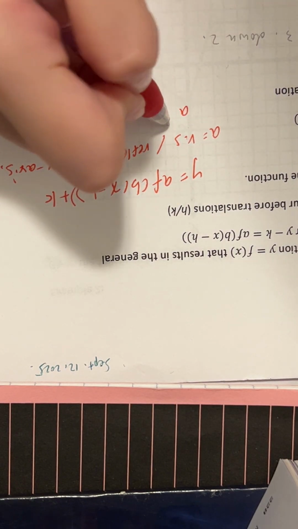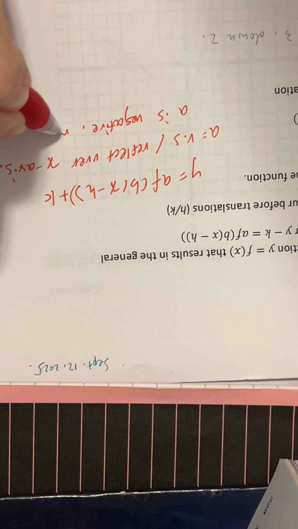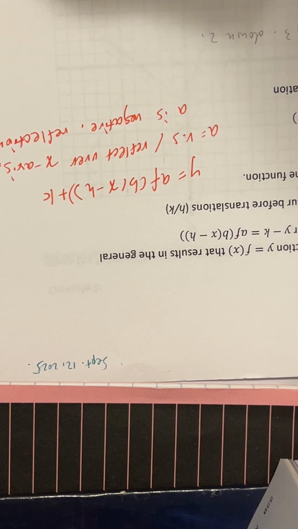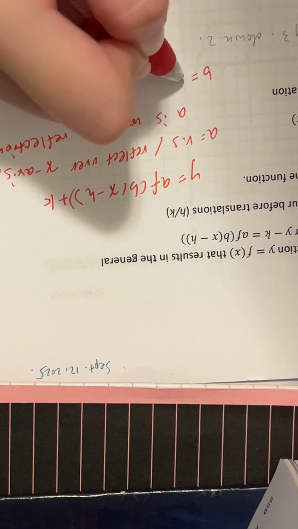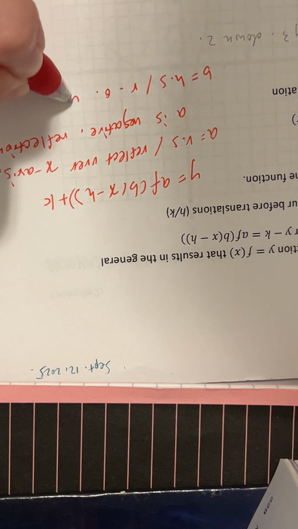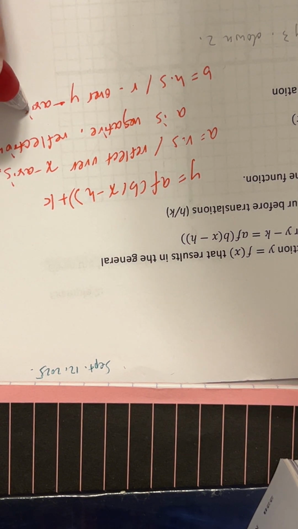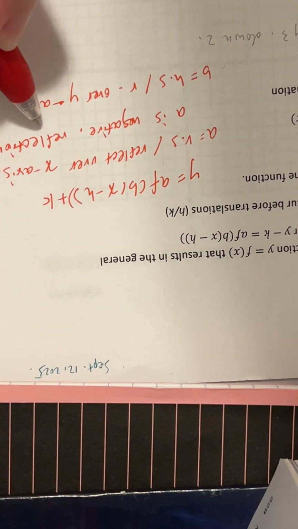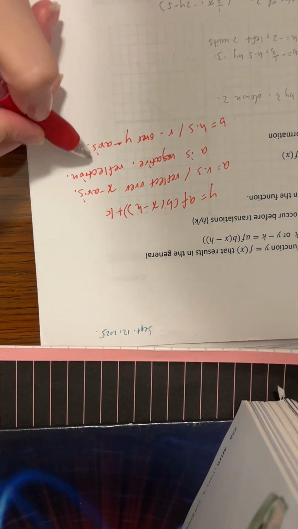So if a is negative, that means reflection. B is the horizontal stretch, or a reflection over the y-axis. For b, if b is negative, that also means there's a reflection.